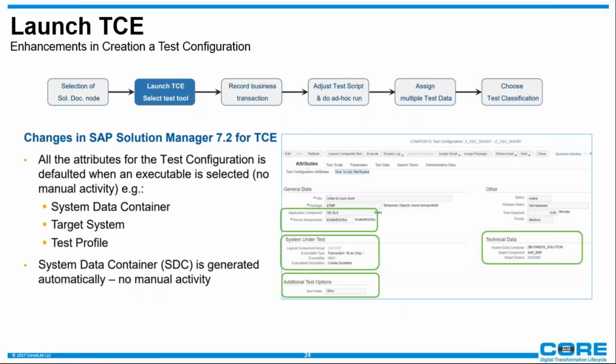For the test composition environment, if you do start out in solution documentation, now when there's an executable, the system data container, target system, and test profile all automatically get populated, and the system data container is not a manual activity anymore. So again, these are usability enhancements.